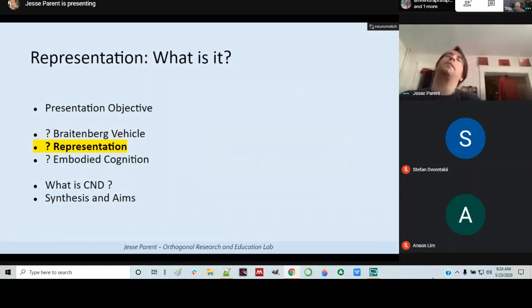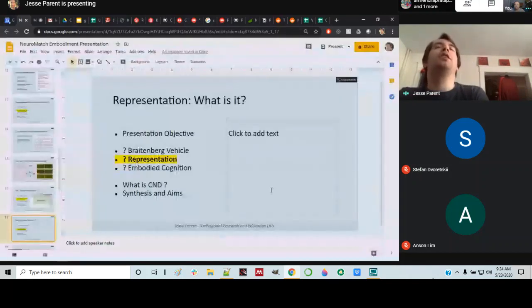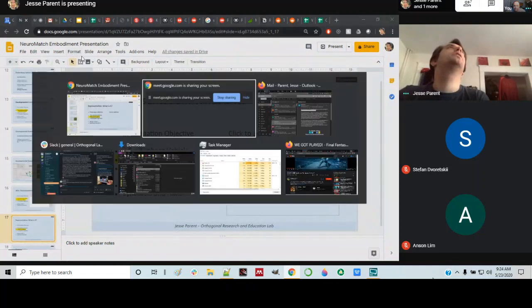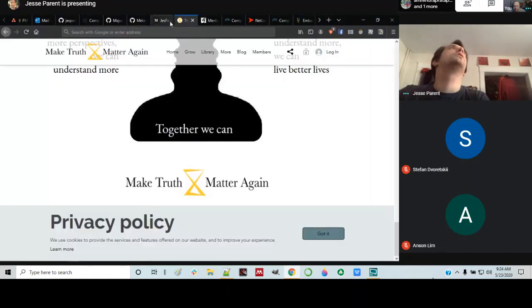Representation, what is it? And this is where I don't really know how to convey representation in a sense. I'll be refining this beforehand, but did I put it here? I don't know. Like, this isn't it.